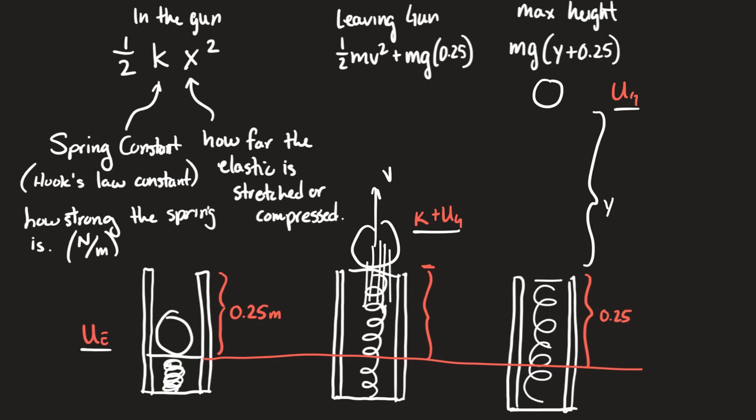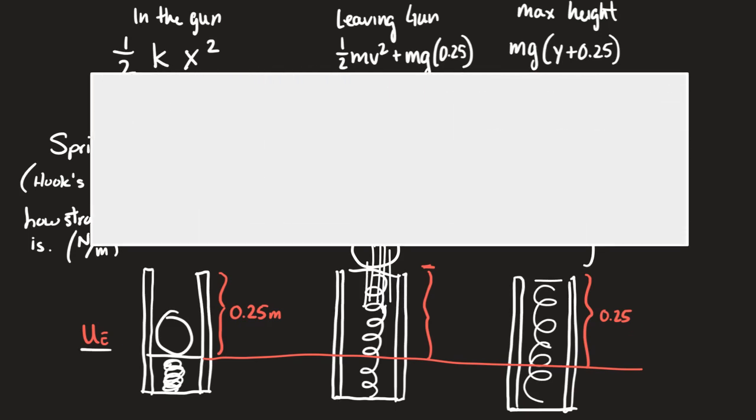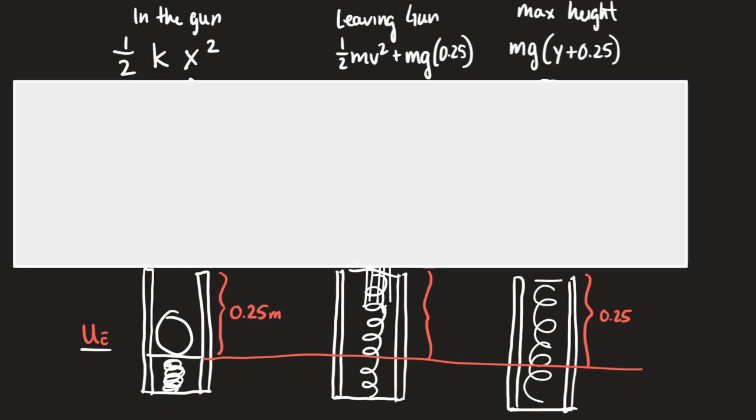All right, let's work the question. They want to know all of these things, so I'm just going to work it one at a time. Starting with the amount of energy in the system: 1/2 times 667 times 0.25 meters squared. That's the elastic potential energy.